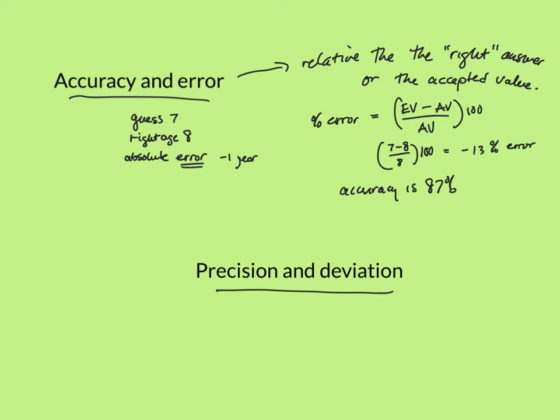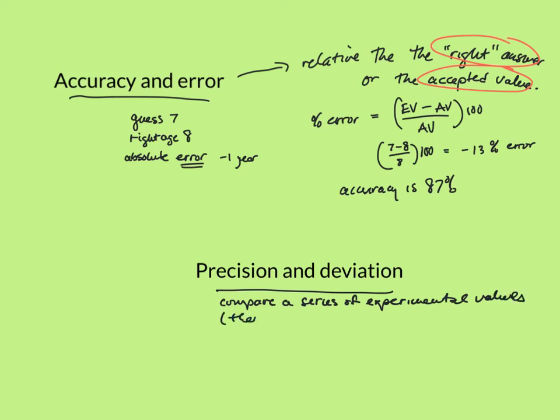The main thing I'm pointing out here is that we need to know the accepted value or the right answer to be able to say what our error might be. On the other hand, precision and deviation are used to evaluate the agreement when we compare a series of experimental values. In this case, there is no right answer.